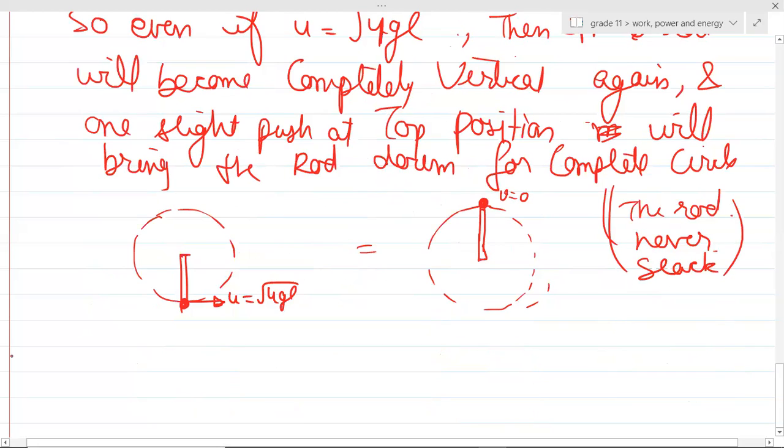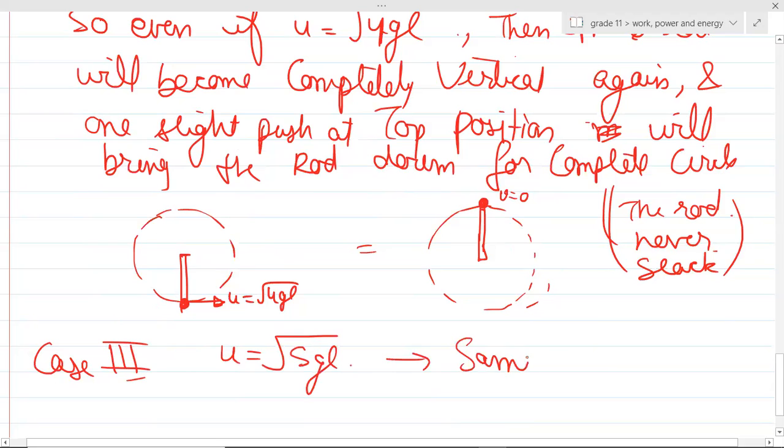And then case 3, when velocity is under root of 5gl, it will be the same as that of the string case. Can you see, in the previous case the velocity was under root of 5gl, the minimum velocity. Now here the velocity is under root of 4gl.